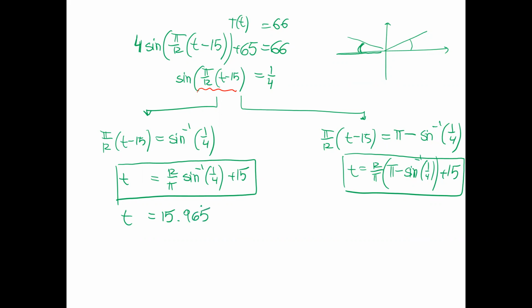It means 15 hours after midnight. We will figure out which one is T sub 1, T sub 2. In military time, 15 is 3 p.m. and it's almost 4, 3:58 p.m.